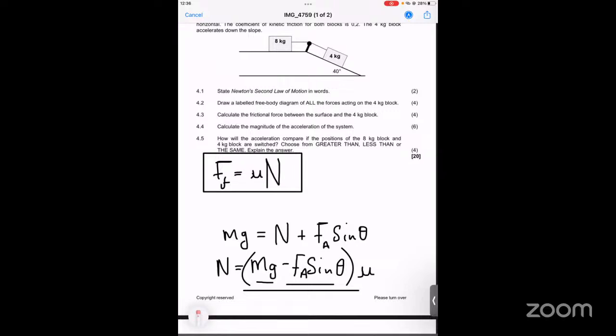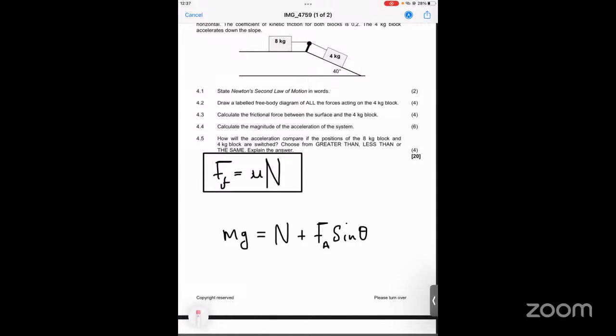But in a situation where we have an applied force acting at a certain angle, you need to know all the up and down forces. You say the up forces equal down forces, then you make that the subject of the formula. Then you will have something unique which serves as your normal force. I hope you got that part in detail. Yes, sir.